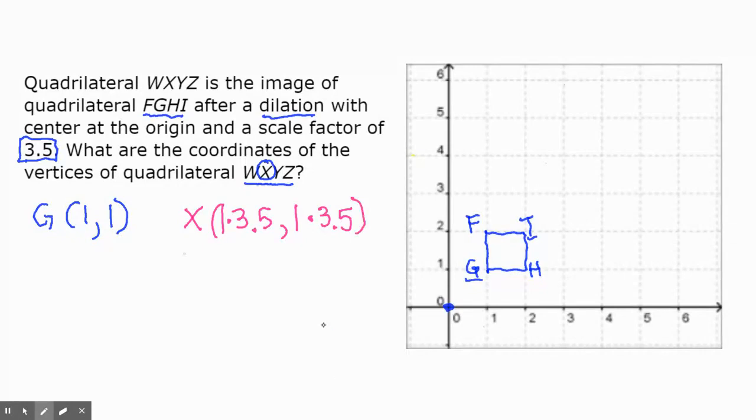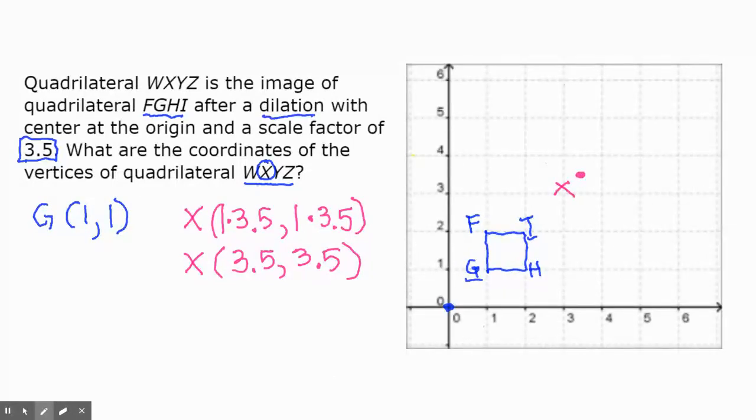So my new coordinates for X are 3.5, 3.5. I'm just going to place that on my coordinate plane over here. So just about here is going to be my X.